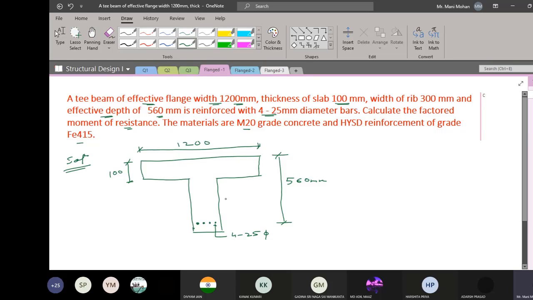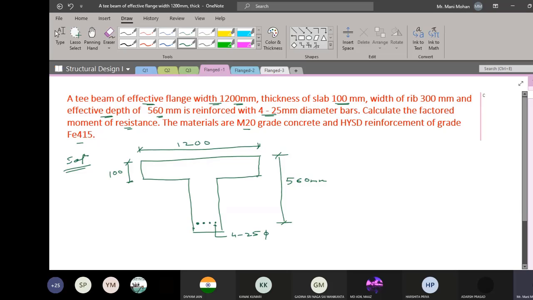And if it is lying on the web, again you have 2 more cases, depending upon the rectangular portion of the stress block, okay, where exactly it is lying. If it is lying within the flange, then you have the reduced thickness of flange formula, and if it is more than the thickness of flange, then you are going to consider the overall thickness of the flange. So you are familiar with that, I assume.